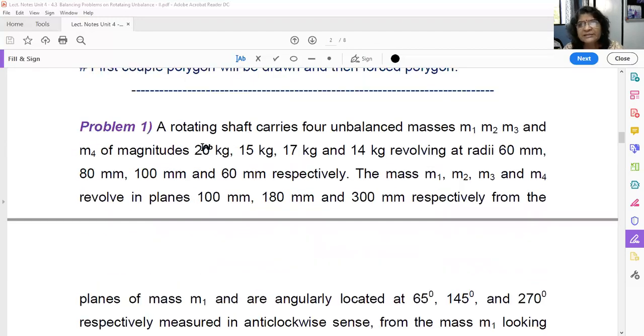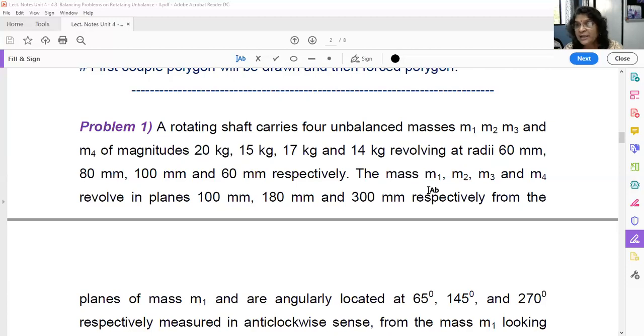A rotating shaft carries 4 unbalanced masses M1, M2, M3 and M4 of magnitudes 20 kg, 15 kg, 17 kg and 14 kg, revolving at radii 60 mm, 80 mm, 100 mm and 60 mm respectively.